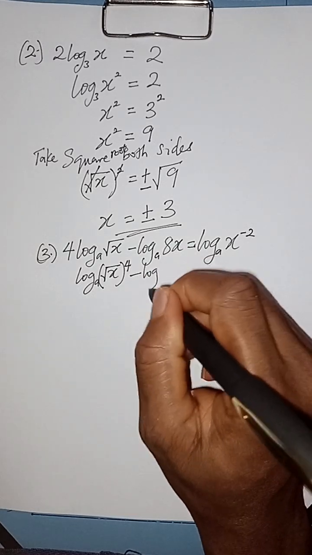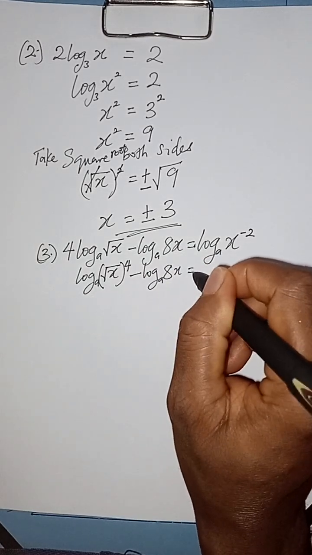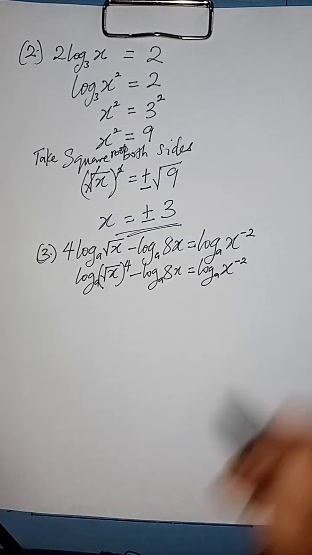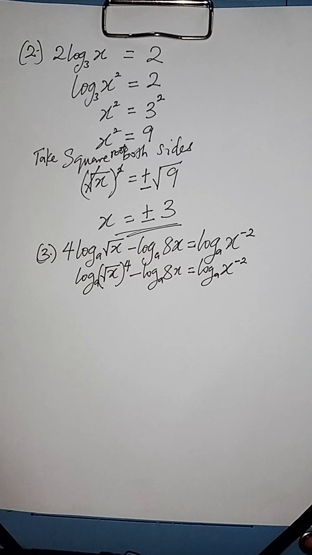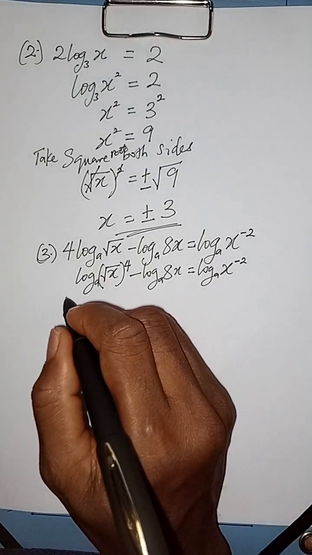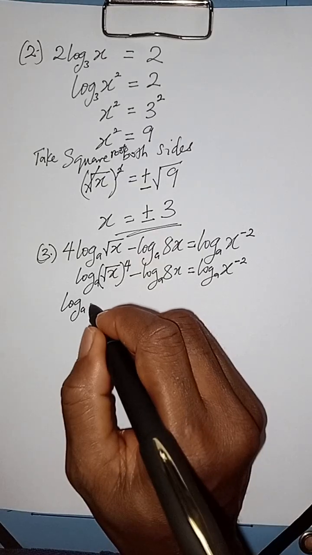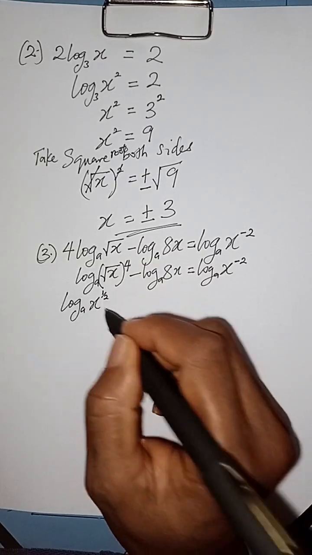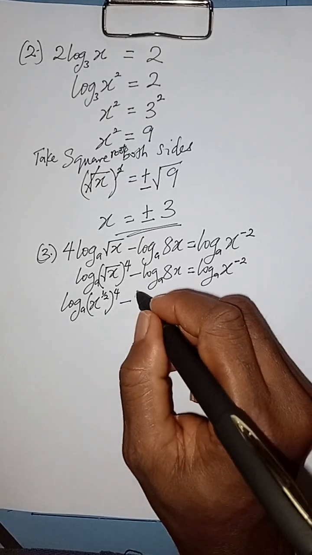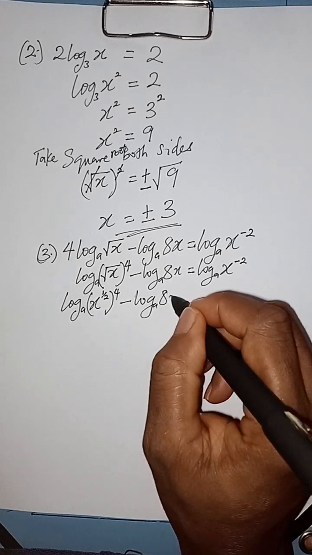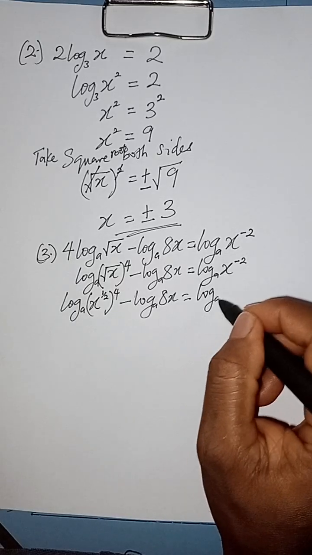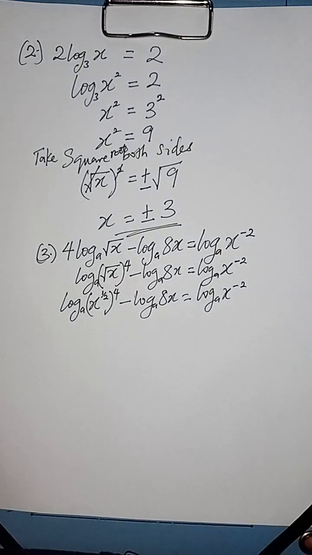minus log 8x equal to log x raised to power minus 2. Now, the next step is to remove this square root symbol. Recall that the square root symbol is the same thing as x raised to power 1 over 2. So it's gone. And then your power 4 is still there, minus log 8x equals log a of x raised to power minus 2.